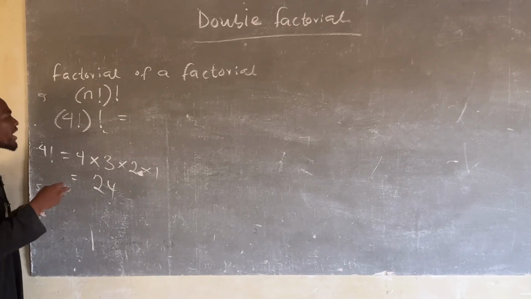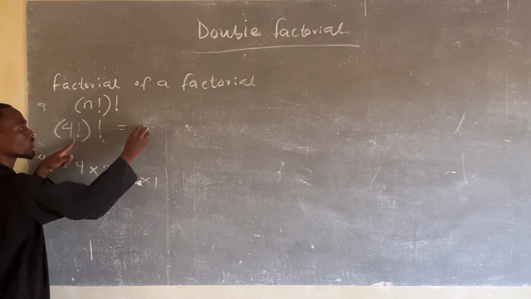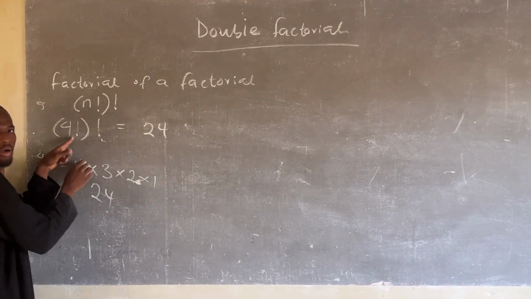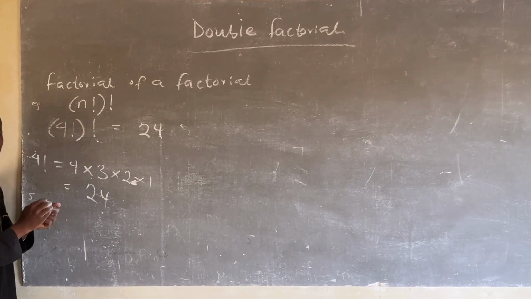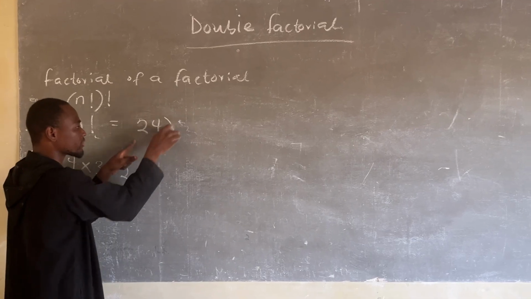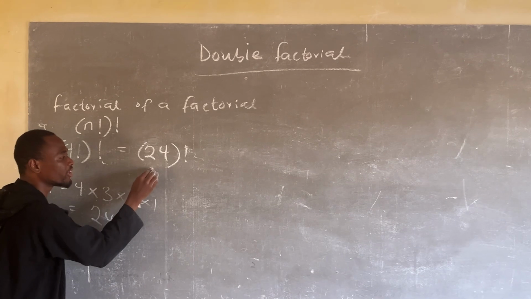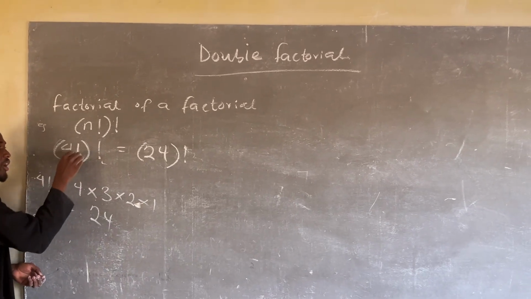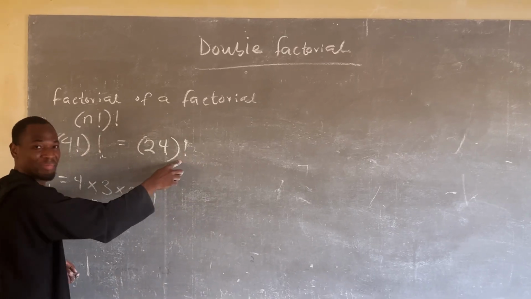So in other words, this 4 factorial is the same as 24, then factorial. So please note this. This 24 is a result of the 4 factorial, right? Then this factorial appears here.